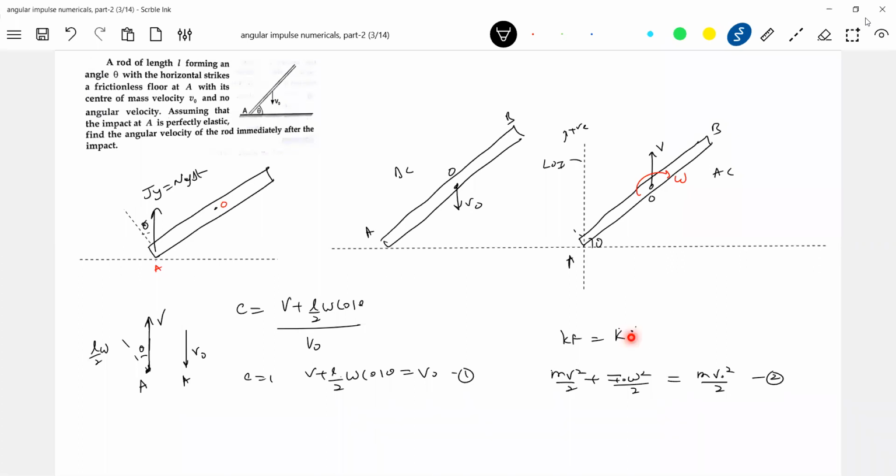You have to be extra careful in numericals of these things. Solve it. Sir, here I naught will be equal to m l square by 12, no sir? Yeah, moment of inertia. I naught.